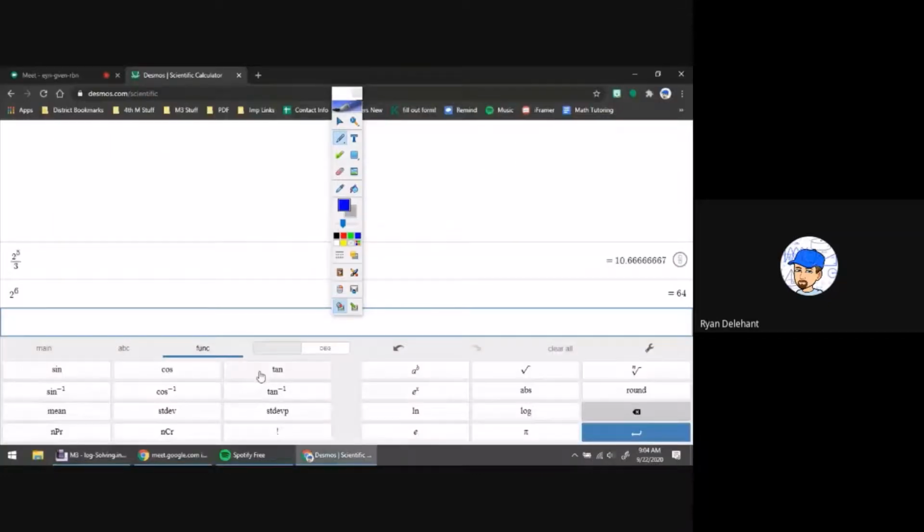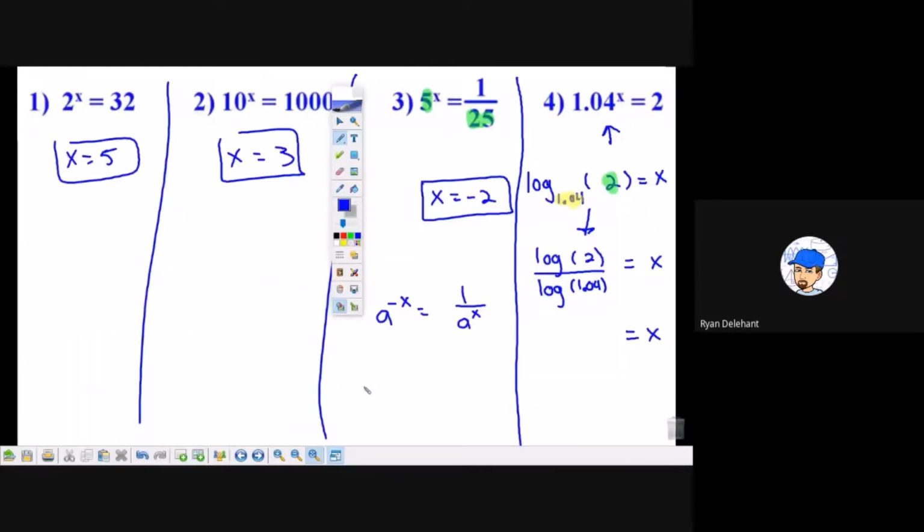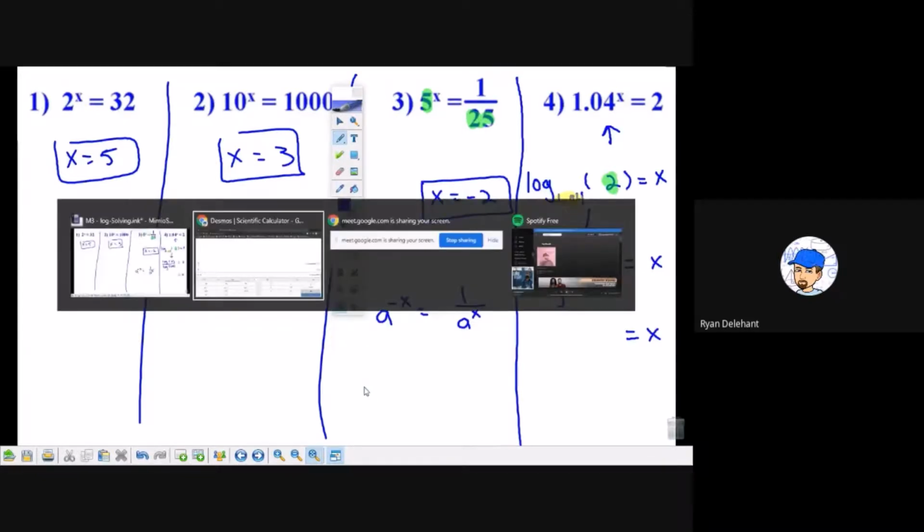So I can come back over here and I can go log of 2. Now you have to be very, very careful when you plug this in, because there's a reason that I put parentheses around those numbers. Whatever number you want inside there, you have to close the parentheses around it before you do anything else, okay? So I have log of 2.